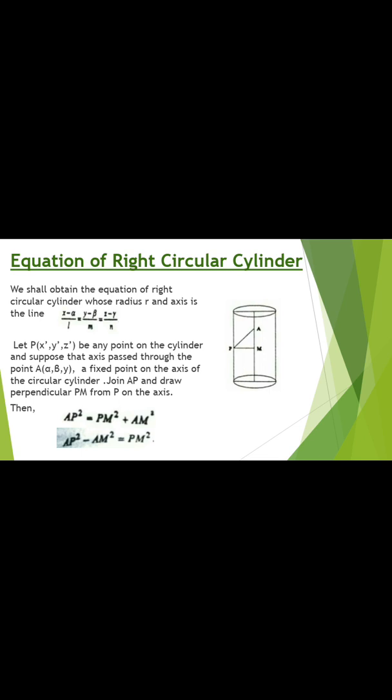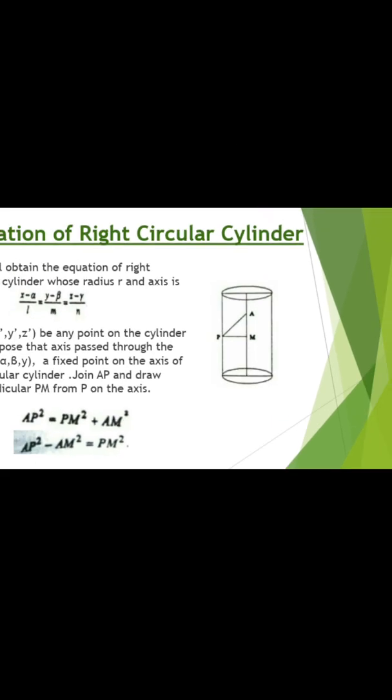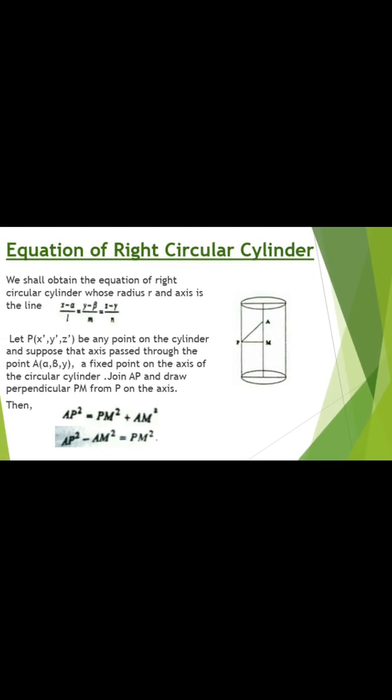We shall obtain the equation of a right circular cylinder whose radius is r and whose axis is the line (x − α)/l = (y − β)/m = (z − γ)/n. So here is the diagram of the right circular cylinder. Take P(x', y', z') as any point on the cylinder, and suppose the axis passes through the point A(α, β, γ), a fixed point on the axis of the circular cylinder.